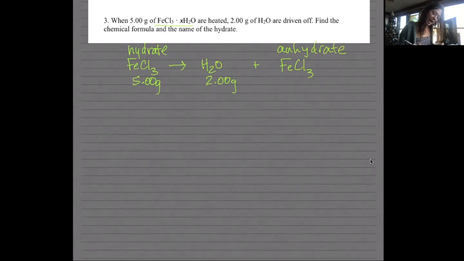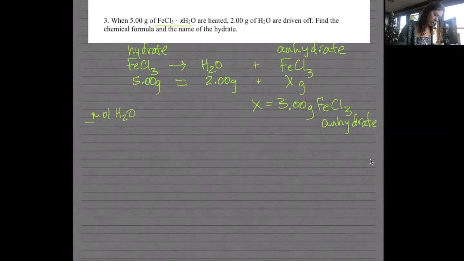That's now anhydrous. We do not know how many grams of that we had, but we can easily see that 5 equals 2 plus x, so x equals 3.00 grams of FeCl3 anhydrate. We need to know the formula, so we need moles of H2O divided by moles of the FeCl3 anhydrate.